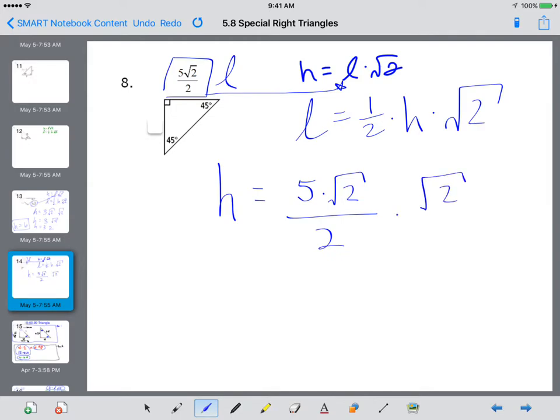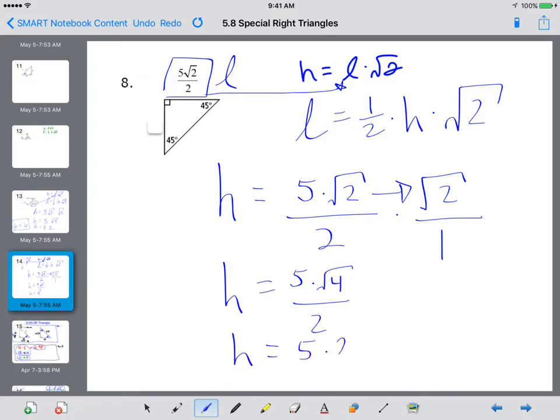Since this is a fraction, I'm going to write the square root of 2 as a fraction over 1. In which, when we do this as a fraction, we multiply across the top. So we have 5 times the square root, 2 times 2 is 4, divided by 2. H equals 5 times, well, the square root of 4 is 2, divided by 2.